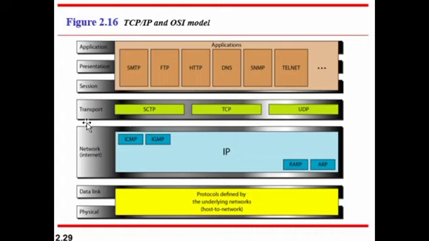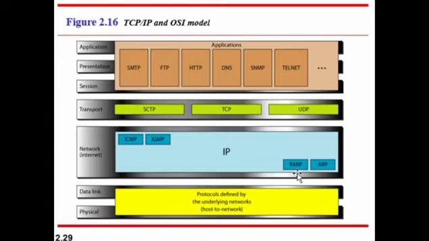The next is the network layer. This is basically the IP layer. We can name it as the IP layer. We have four protocols over here: ICMP, IGMP, RARP, and ARP. So what are these? ICMP is the Internet Control Message Protocol, IGMP is the Internet Group Message Protocol, RARP is the Reverse Address Resolution Protocol, and ARP is the Address Resolution Protocol.